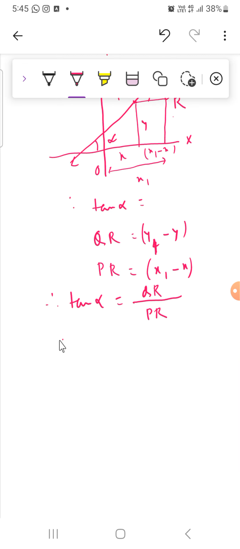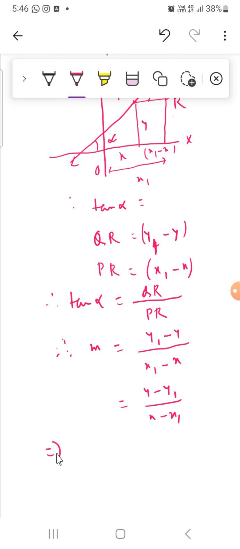If the slope is written m, then m is equal to y1 minus y by x1 minus x, or we can write y minus y1 by x minus x1.